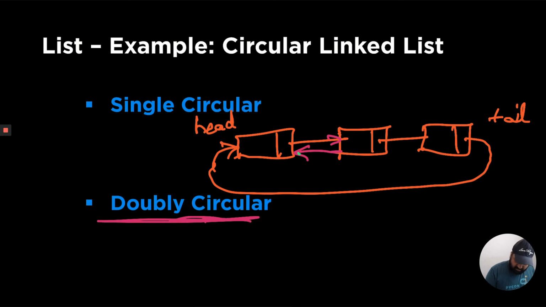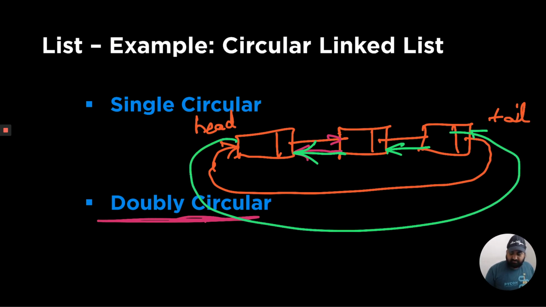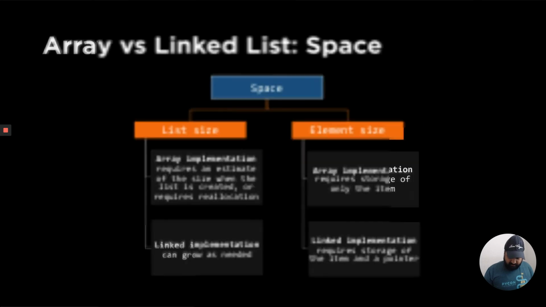So we have another previous element, and also the last node is pointing to the first, and the first node is pointing to the last. Again, we won't be asking you too difficult questions on doubly circular or single circular linked lists, but you should always know basic operations like how to add or remove elements in all of the linked lists we covered.